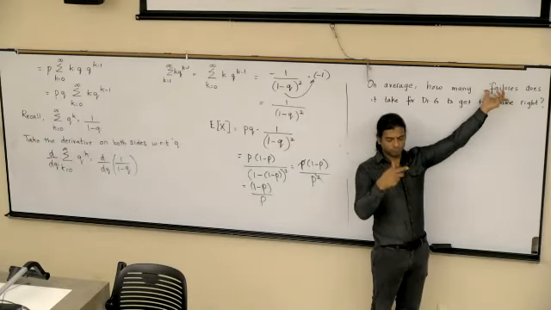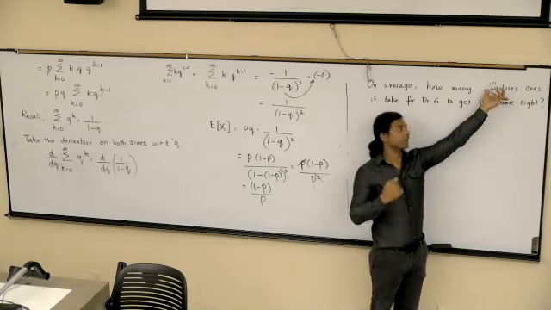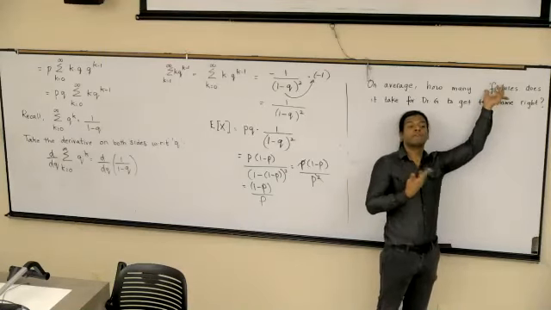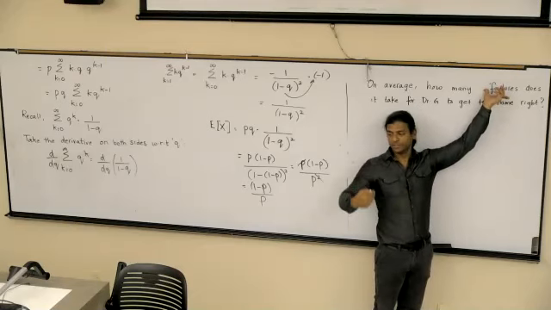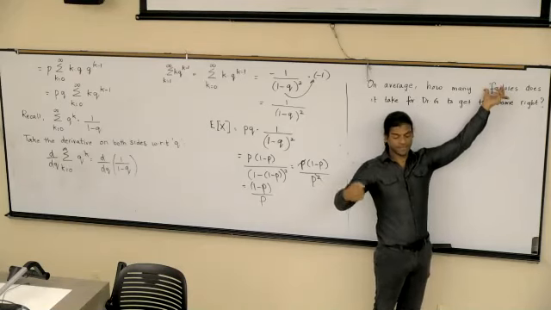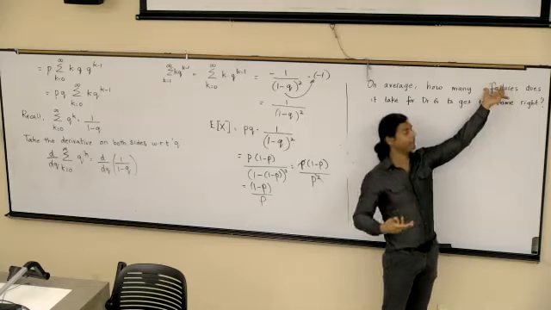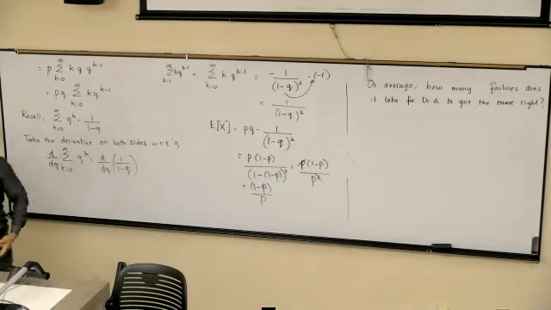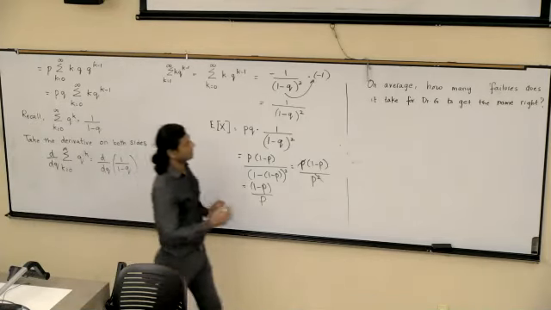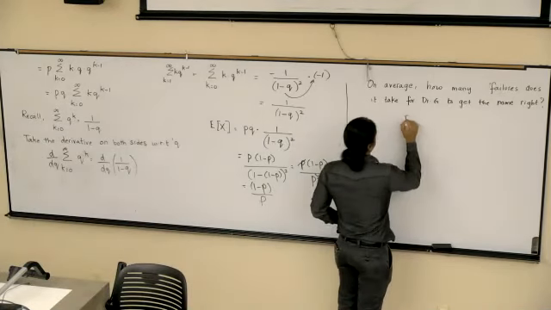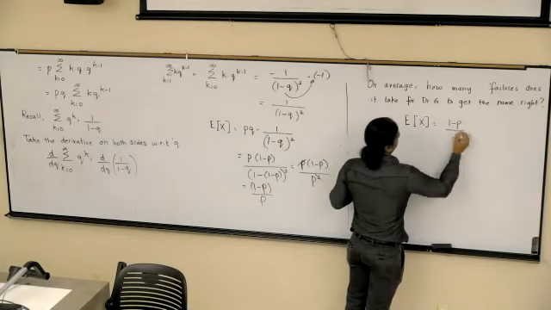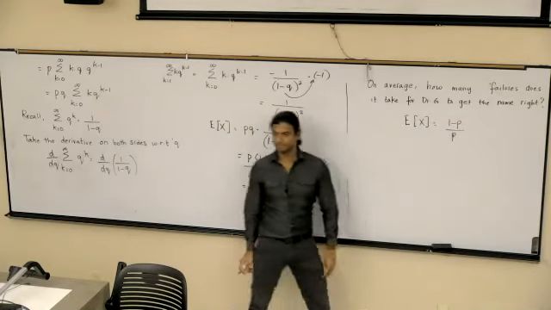I'm not putting tries here because we are trying to find the expected number of failures, in reality, to see when the first success would happen. So that expectation is given by 1 minus p over p.